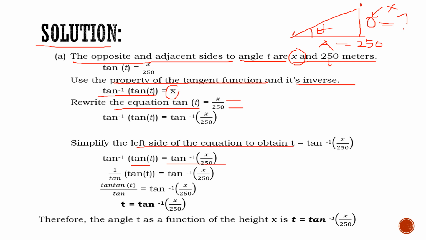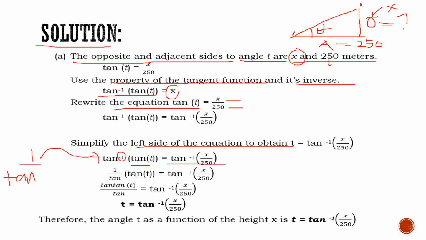As you can see here, this negative 1 in inverse tangent does not represent 1 over tangent. Rather, it represents an exponent; when we say inverse tangent, the negative sign indicates the function is the inverse.